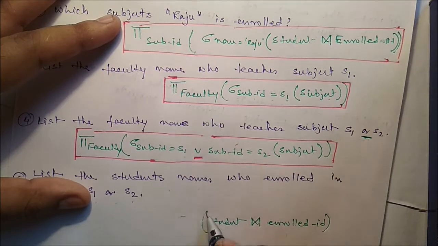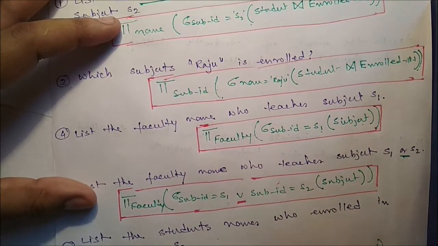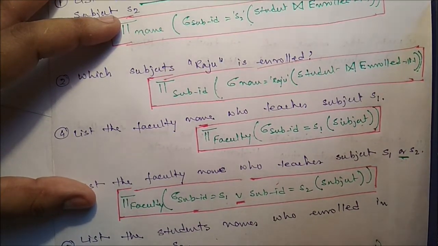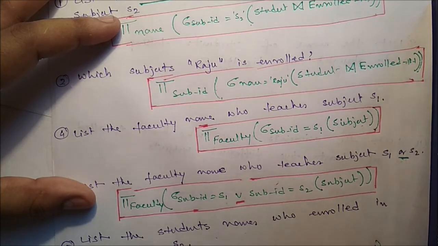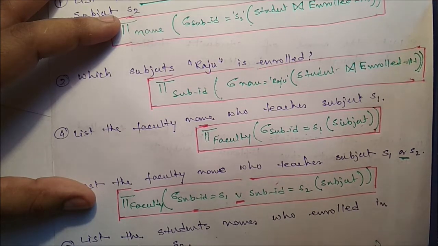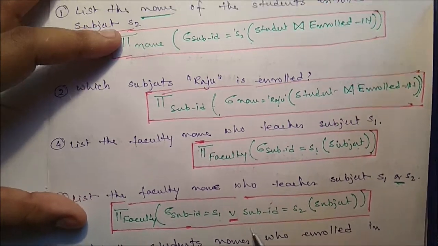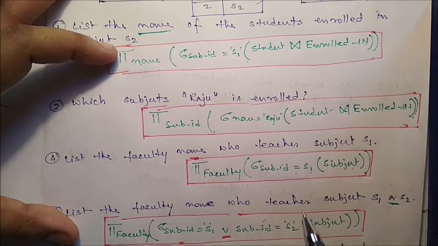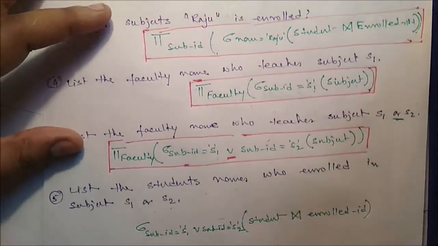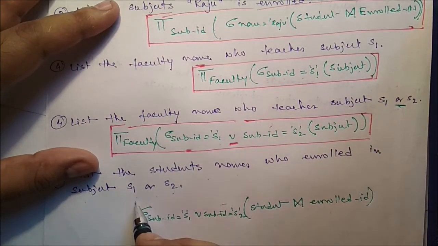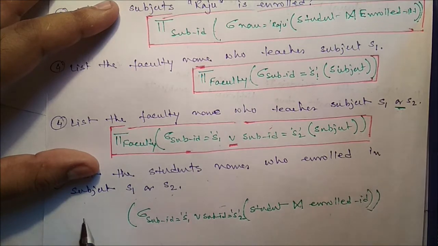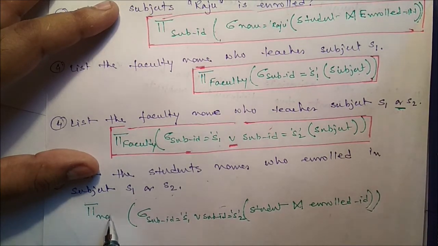The condition is a selection operation: subject ID is equal to S1 or subject ID is equal to S2. If it is a varchar, it should be in single quotes. But we need only the name of the student, so here I apply the projection on name.